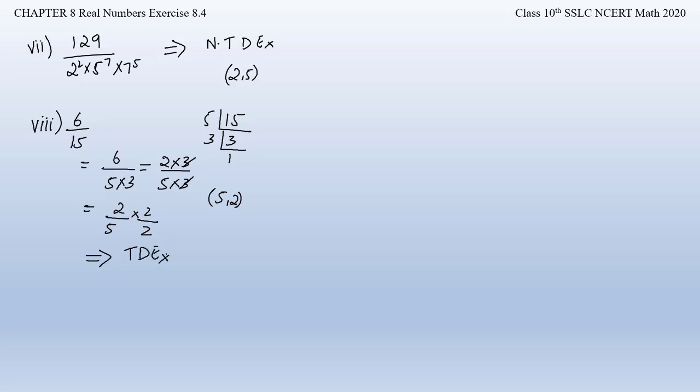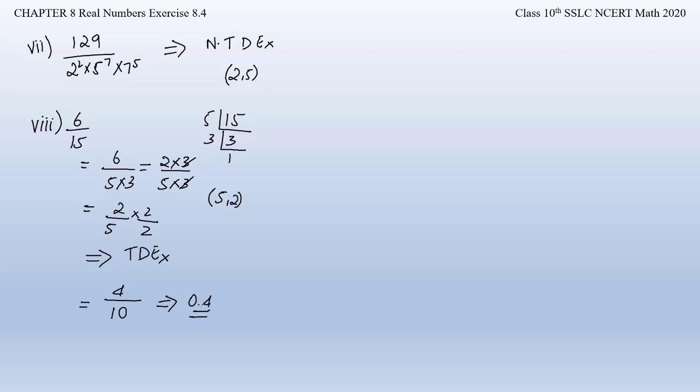Now let us determine its decimal expansion. 2 into 2 is 4 and 5 2s are 10. Now there is only 1 zero in the denominator, so we will place the point after one digit in the numerator. So the decimal equivalent will be 0.4. This is very easy.